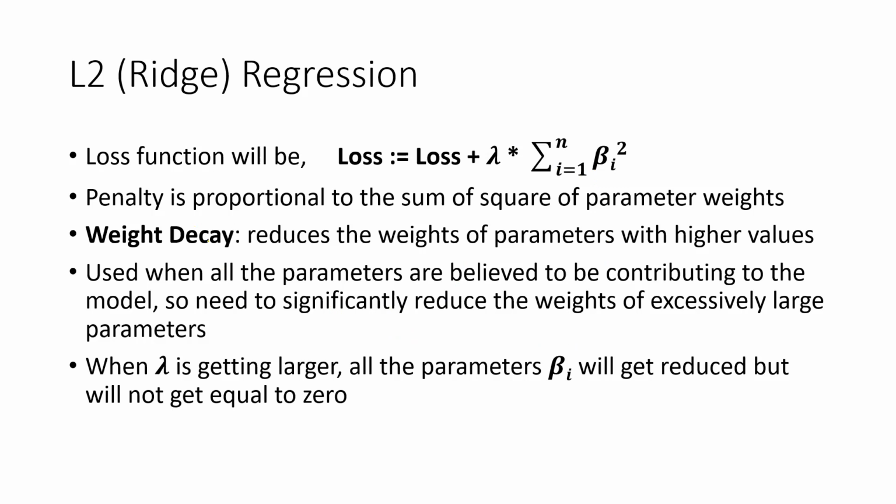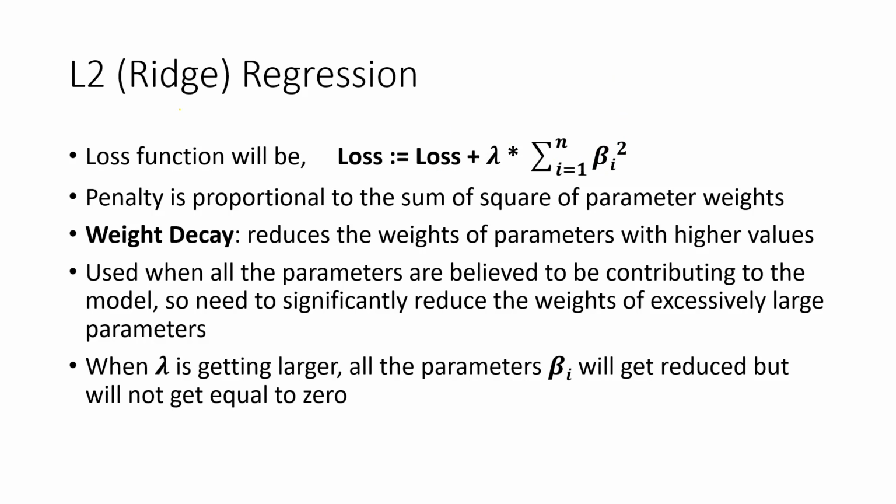So when we apply this L2 regression, what happens is when you have larger values for beta, the square would be even larger, right? So for larger beta parameters, there would be a huge penalty added into the loss. So the larger beta values would be reduced. The smaller beta values would not be reduced that much, but all the beta values will be reduced, but they will not go to zero. Right?